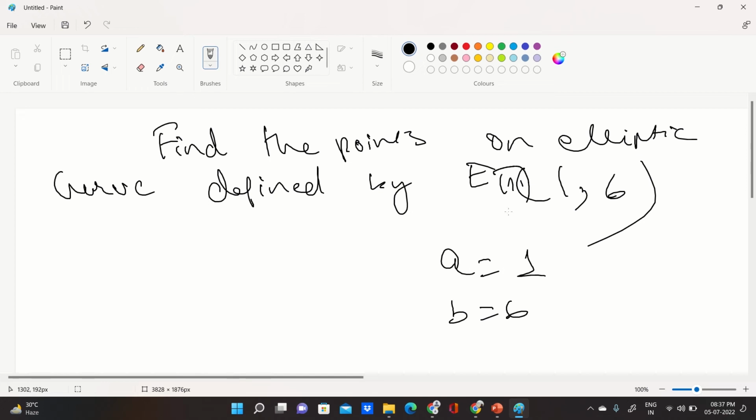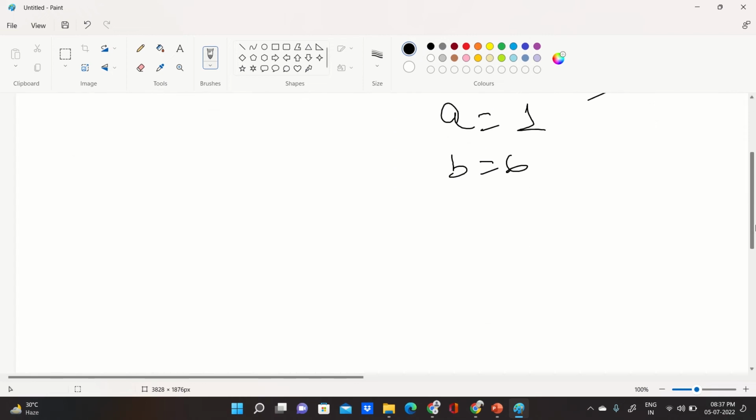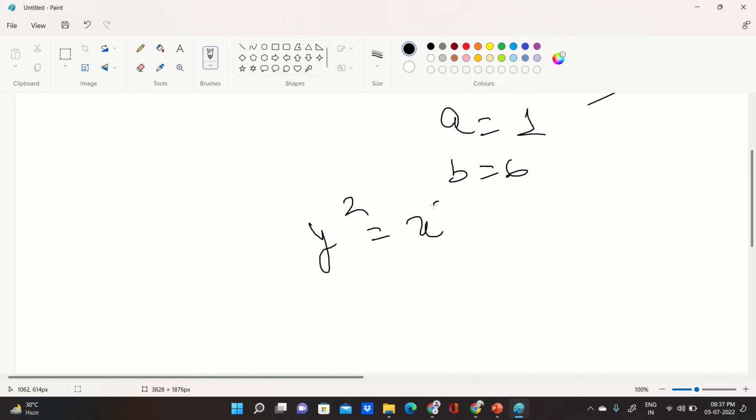And what is this 11? I said already that elliptic curves deal with either real numbers or primes. So here we are going to operate over mod 11. I can rewrite this whole equation as y square equals x cube plus x plus 6 mod 11.